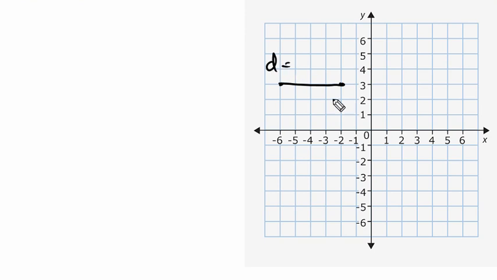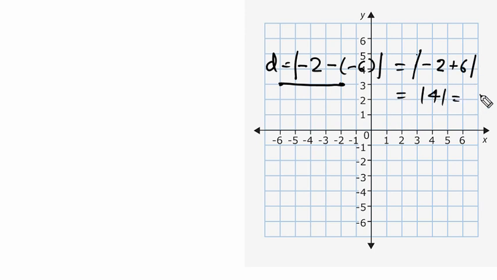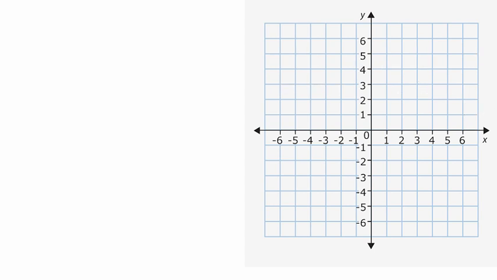So d is equal to, this point is -2, -2 minus this point, which is -6, and you use the modulus sign, take the absolute value. So that will be the mod of -2 minus -6, minus minus is plus, and that will give you +4. 4 will be your answer.